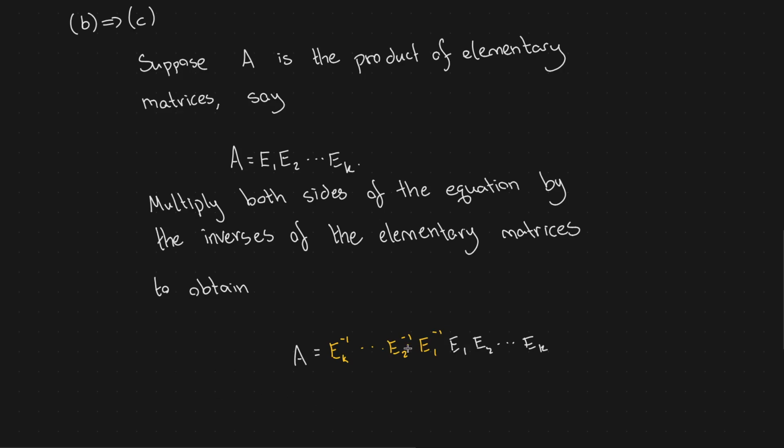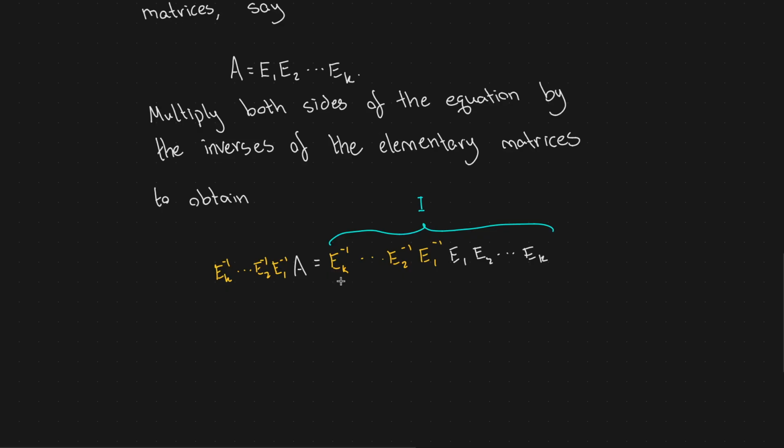And on the left-hand side, I'm multiplying by the same thing. Okay. On the right-hand side, of course, these give me the identity matrix I. And so I get EK inverse, E2 inverse, E1 inverse, times matrix A must be the identity matrix.